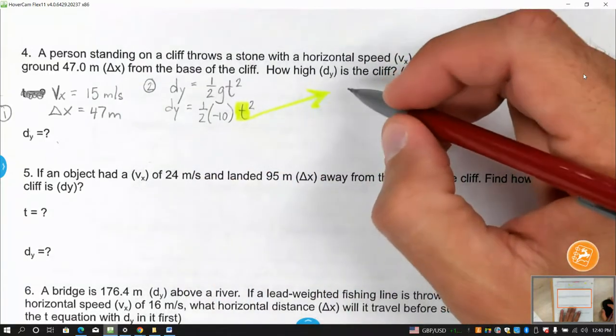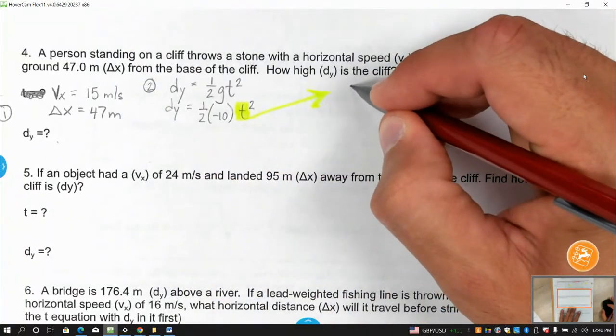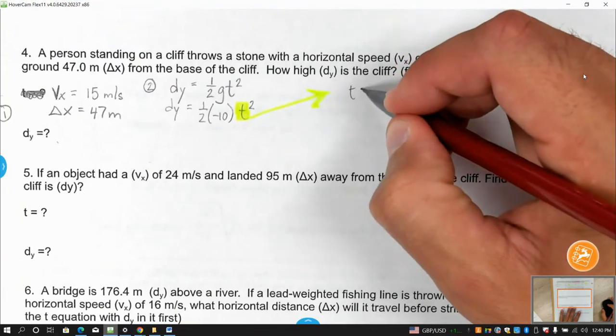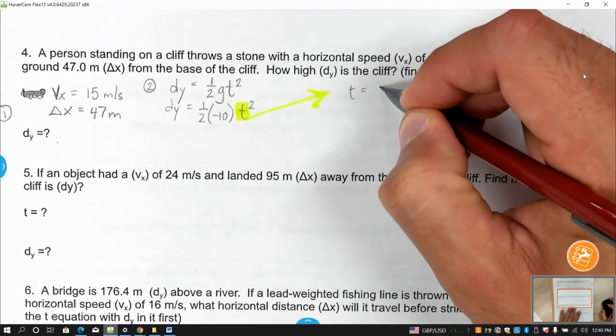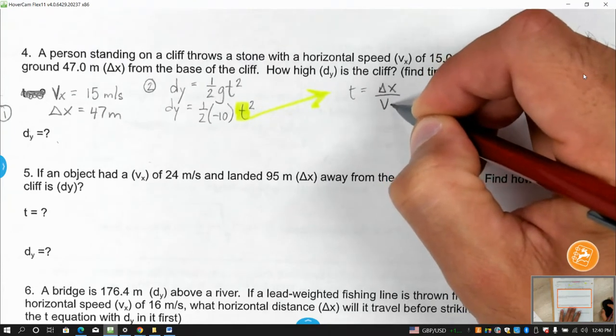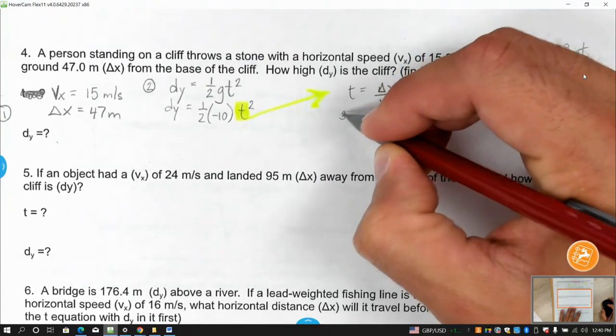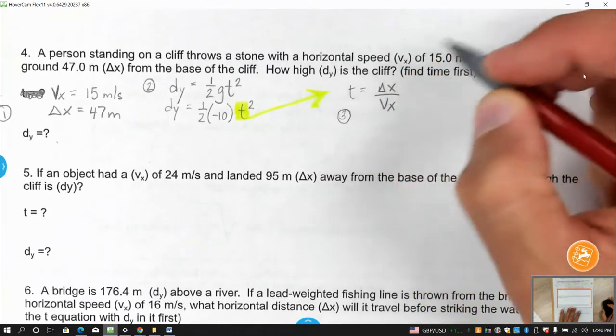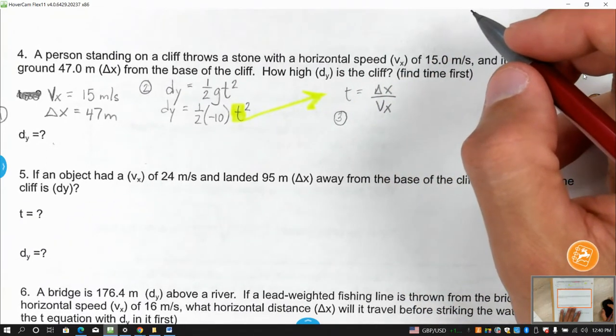So the next step, since we don't have dy, we can't use that one equation, so you're going to have to use t is equal to delta x over vx. That's your third step and your third point when you write it out like that.